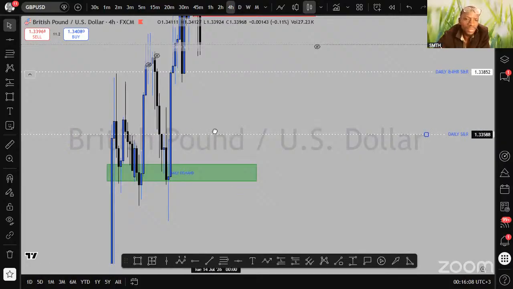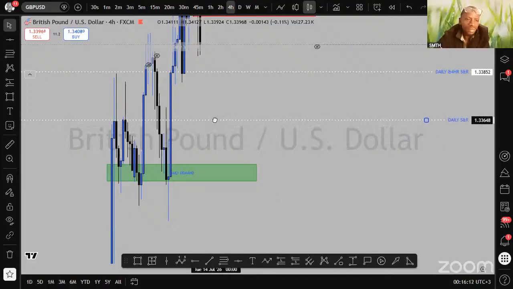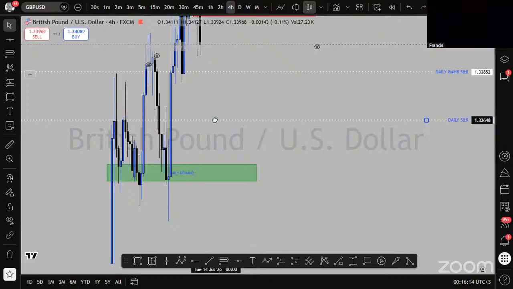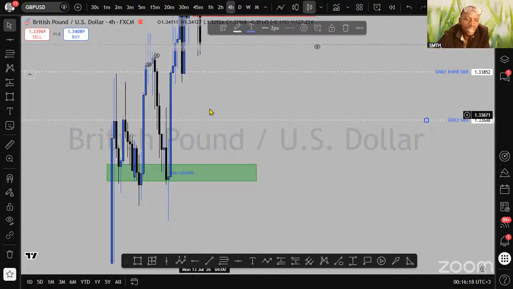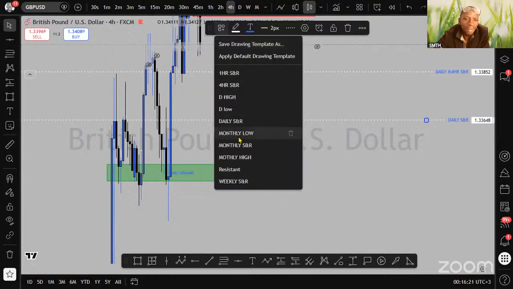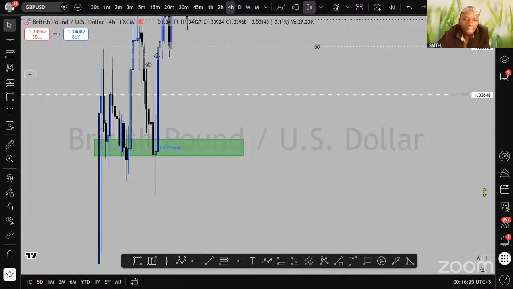Now I move it up. I'm not seeing a clear zone that I can draw it. Now this one will become my 4 hour support and resistance.